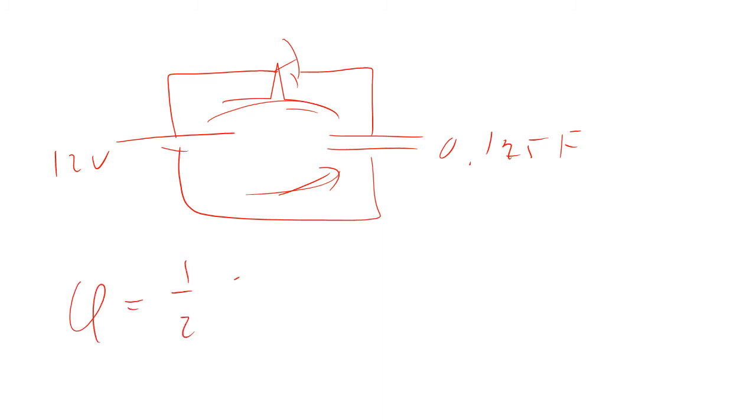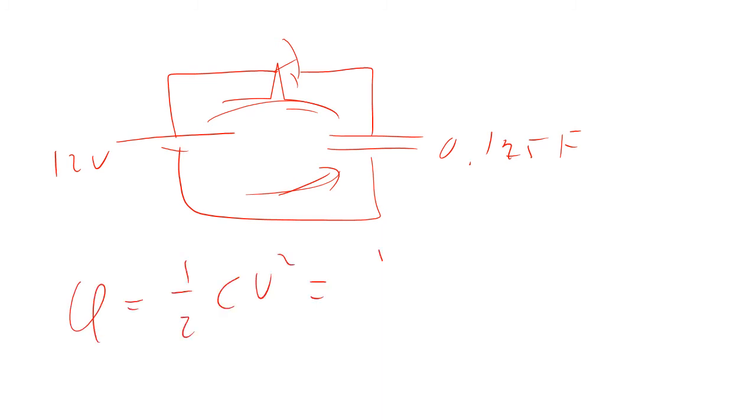Back to our original problem in which we were connecting up this capacitor: 12-volt battery, 0.125 farad capacitor. Well, the total energy stored once it's charged, because it takes a while to charge up, once it's fully charged, the energy in the capacitor is going to be 1/2 CV squared.